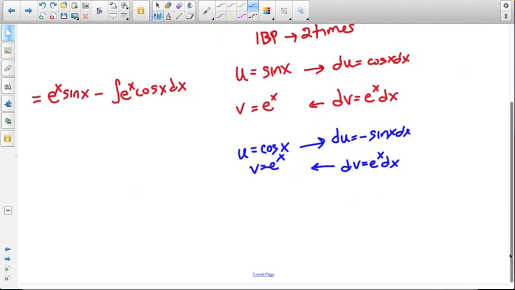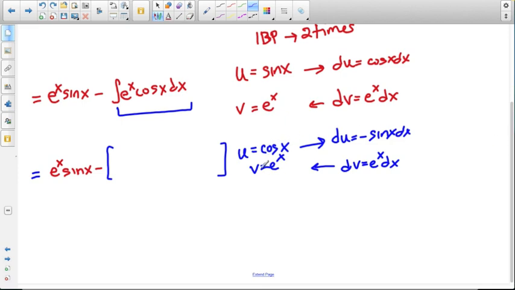When I put this together now in my expression, and this really is just for this portion of the expression, so keep that in mind. This has already been integrated and is out of the integrand, so it is just e to the x sine x minus. Now we've got to apply integration by parts to just this portion of the integral.